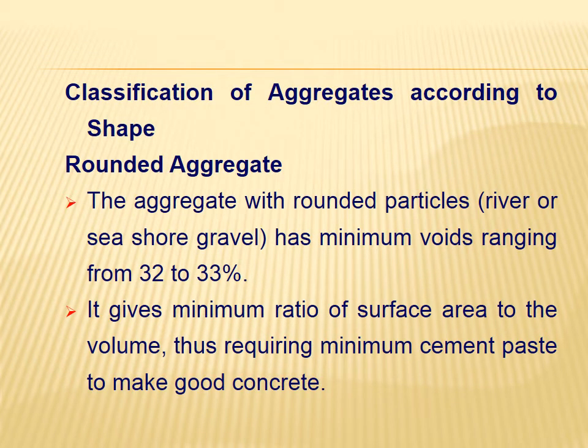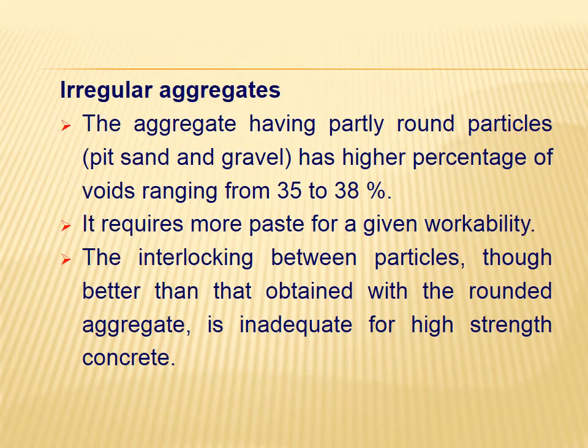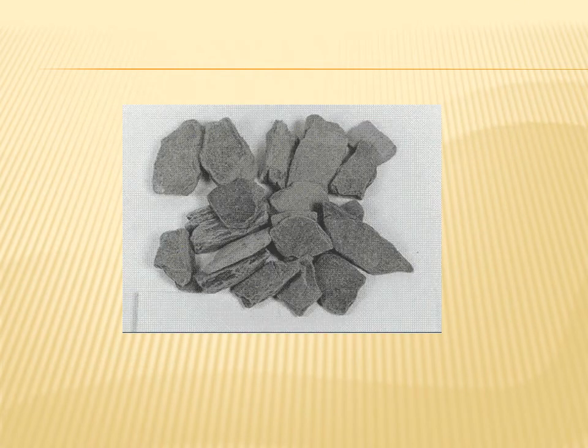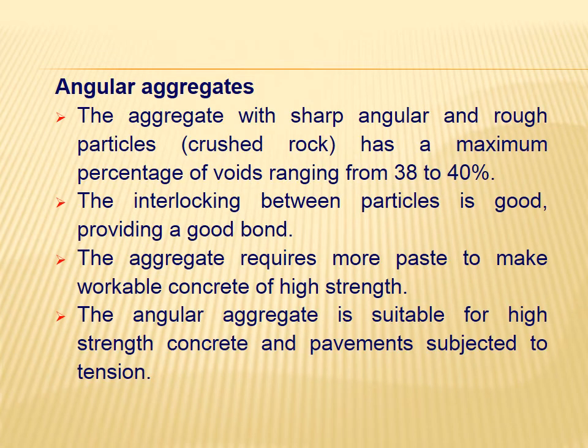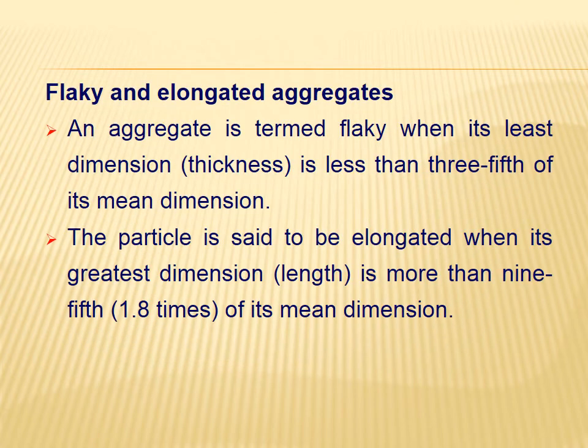Classified based on shape into rounded aggregate, irregular aggregates. This is the irregular aggregates. Angular. Angular ones are the perfect ones for construction purposes. So we will be using only angular. Then flaky and elongated aggregates.